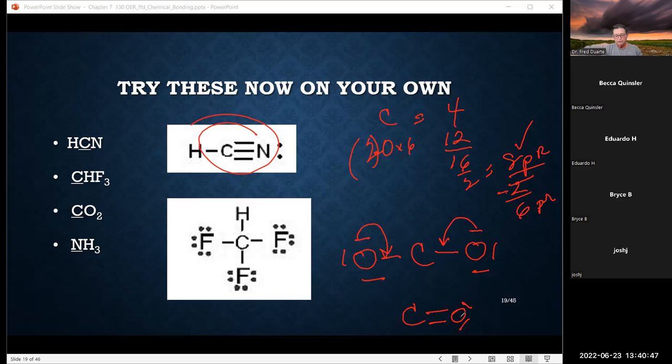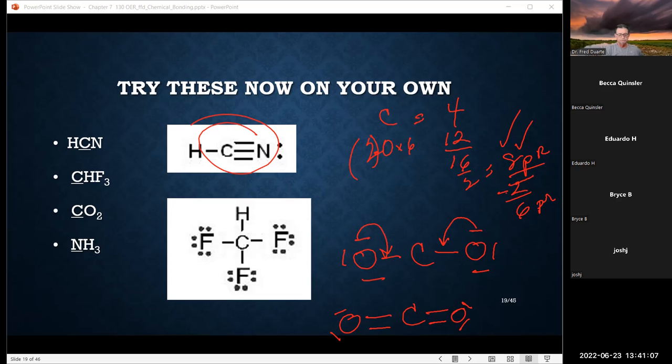We still have those 2 oxygens, and then on the left side, we got carbon double bonded to the oxygen. And go back and count. 1, 2, 3, 4, 5, 6, 7, 8. So we still got 8 pair when we wrote a structure here.